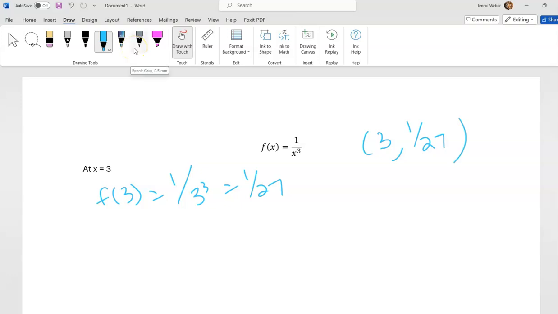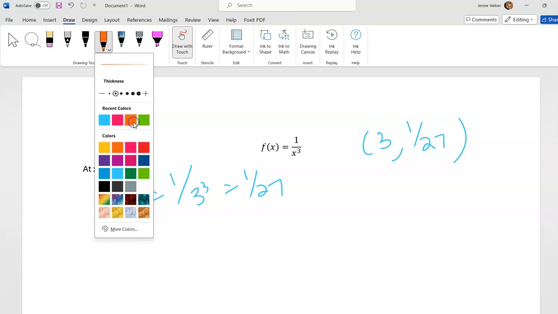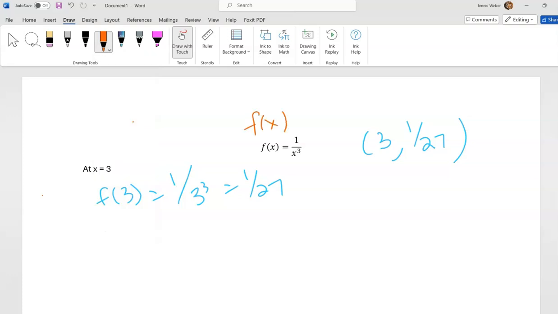Okay. Now I've got this. I'm going to find the slope. Before I find the slope, though, I'm going to rewrite my equation like this. Why did I do that? Because now I can apply the power rule. When I look at this as 1 over x cubed, I'm like, oh, that doesn't fit my rule.